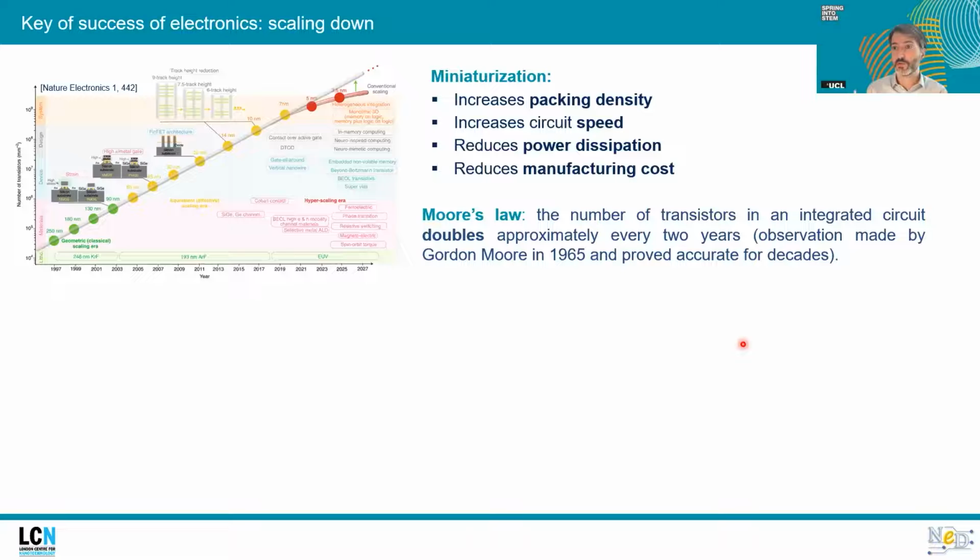All in all, this effect is expressed by the so-called Moore's law, that says that the number of transistors in an integrated circuit approximately doubles every 2 years. And this was an observation made in the 60s and has been proven incredibly accurate for decades.